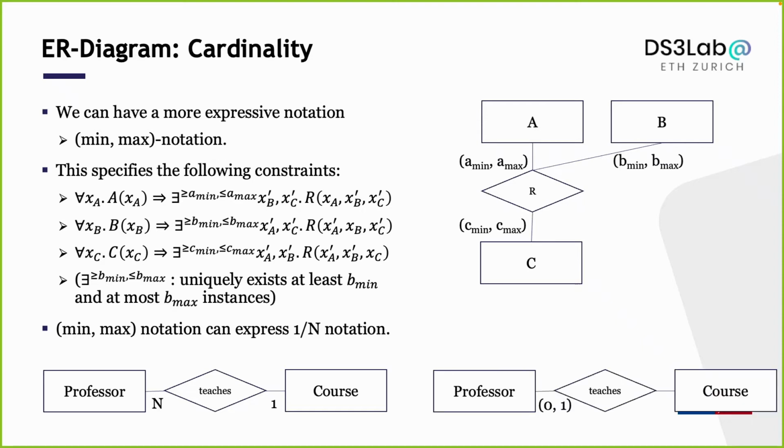To express this in this alternative notation, you can have 0, 1 connecting professor and teaches. That means that every single professor can appear either 0 times, or can participate once in this relationship. You cannot have a case where the same professor participates twice in this relationship, which is essentially what the diagram on the left-hand side was talking about.